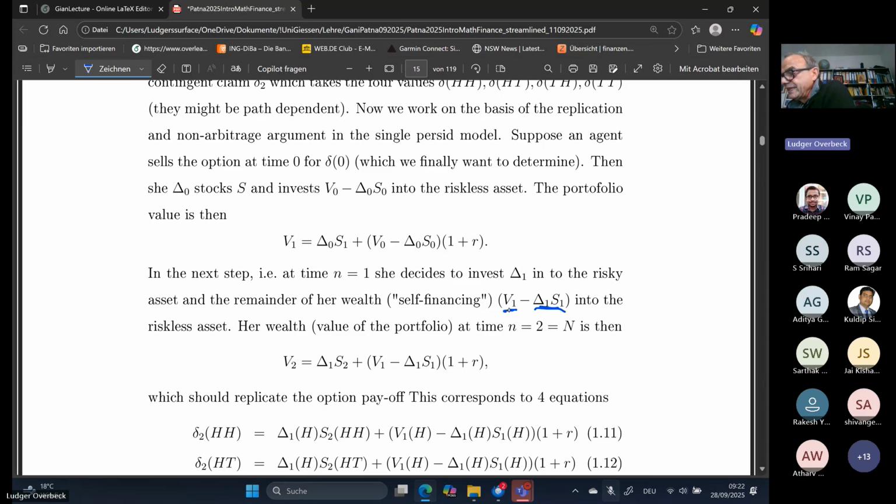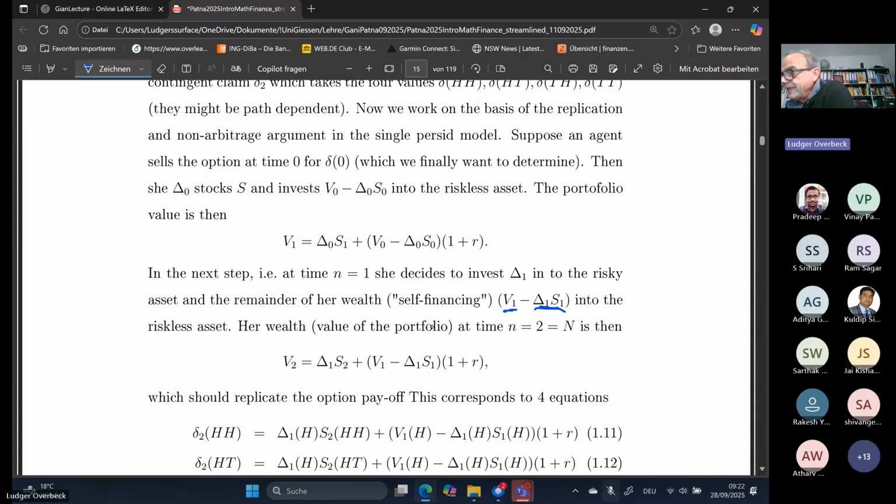So the hedger has V1, and spends part of it on investment in the risky asset. The remaining money she keeps as money, which goes into the riskless asset. If it's negative, it's a bond, and so on.